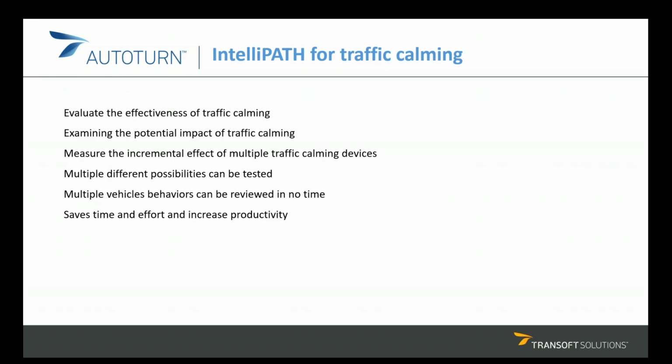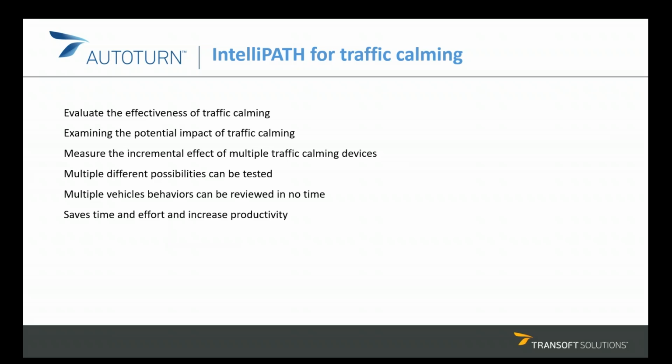So all of these mentioned functionalities of the IntelliPath tool can be particularly useful for evaluating the effectiveness of traffic calming programs and also examining the potential impact of traffic calming measures that are implemented. It also helps to measure the incremental or the bundling effect of multiple traffic calming devices used together.